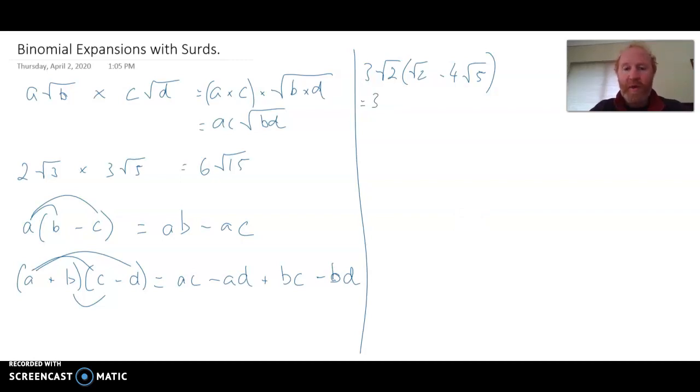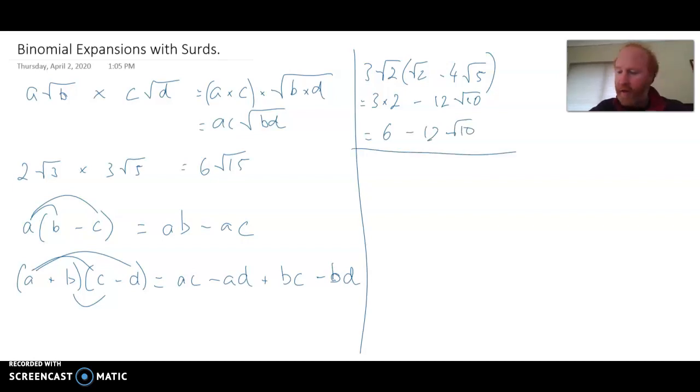Root 2 multiplied by root 2 is now just 2, so that's going to be 6 when I get to the next line. The 3 multiplies by the 4, giving me 12. The negative is still there. The 2 multiplies by the 5, giving me root 10. So now I've got 6 minus 12 root 10, and that's going to be the end of that question there.